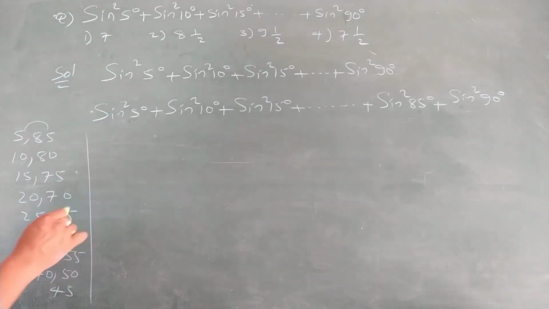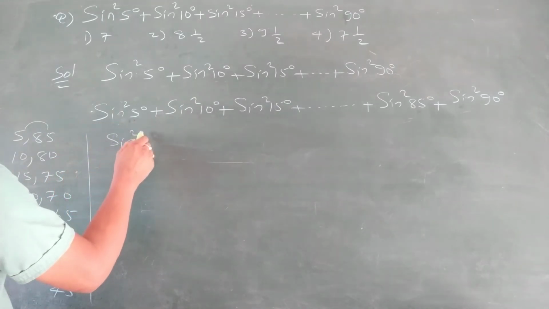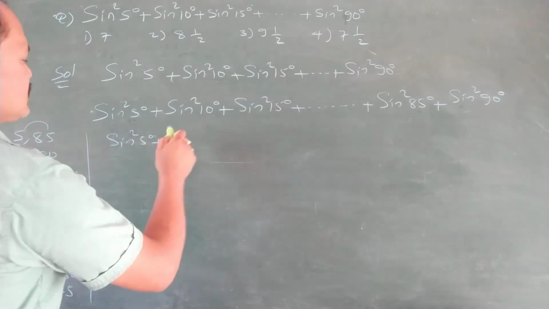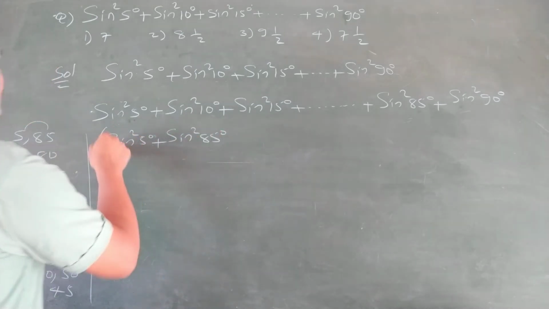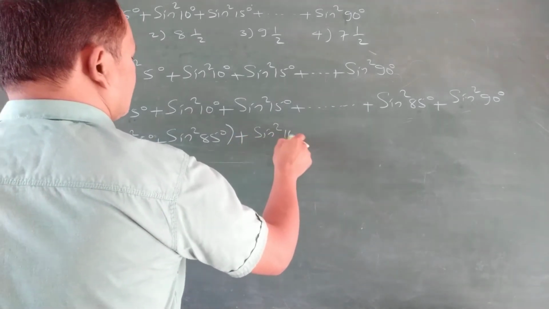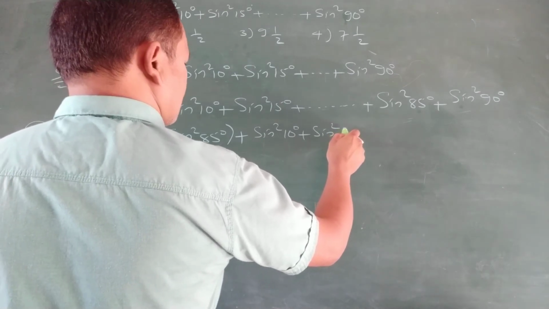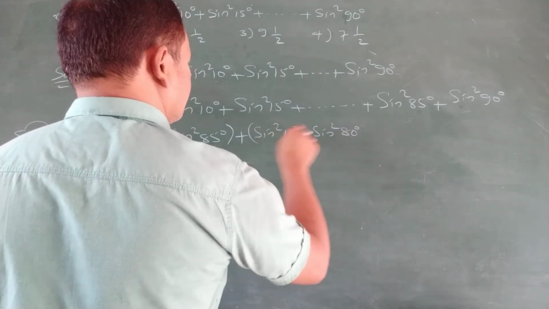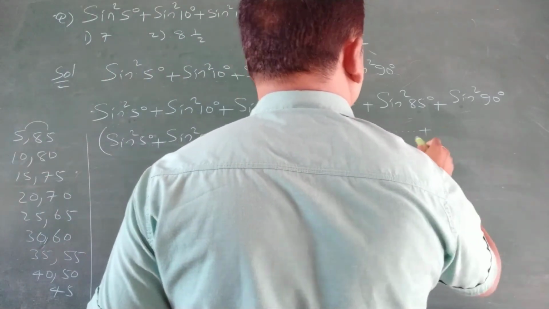So according to that concept, here we write sin square 5 degrees plus sin square 85 degrees in one bracket, plus sin square 10 degrees plus sin square 80 degrees in one bracket, plus so on, plus the last two.